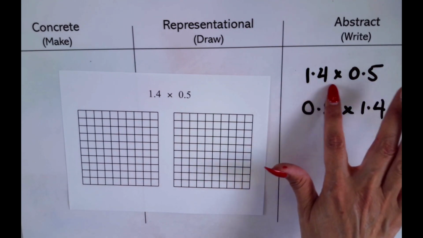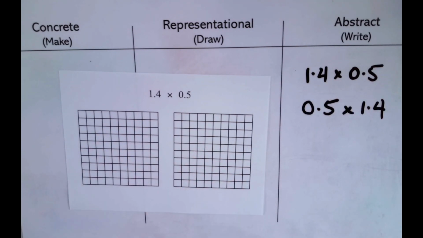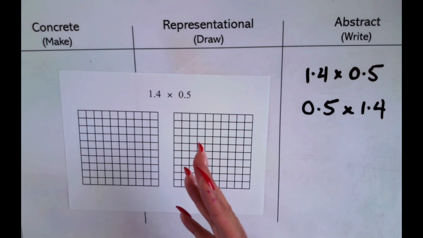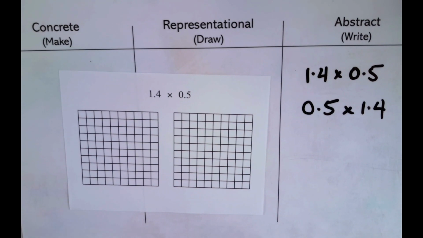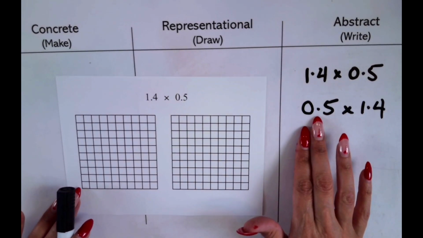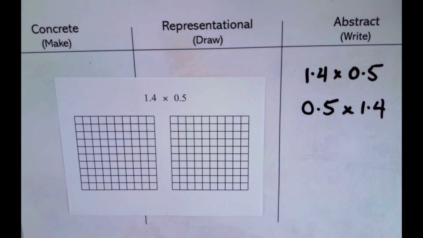Now I can use 1.4 times 0.5 and work on this grid and get the same solution, but it will take a little longer and it would mean chopping and changing a lot of things. So I'm going to start off with the 0.5. Now I'm going to again suggest that you use the fractional language that we discussed, especially when operating.